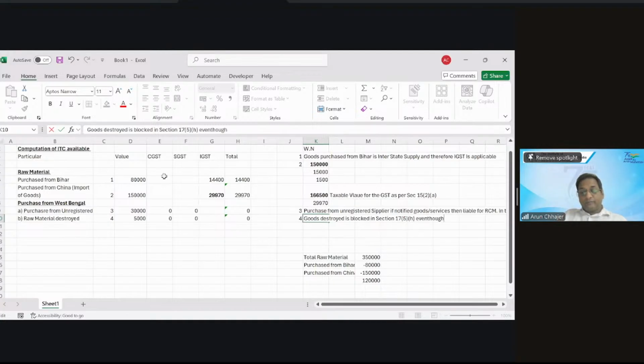Even though it is for, sorry, leave it. So you can elaborate. As per section 17.5, as goods lost, destroyed, ITC not available, and this particular item is not used for the business purpose, and therefore no ITC is available. Now the remaining material.